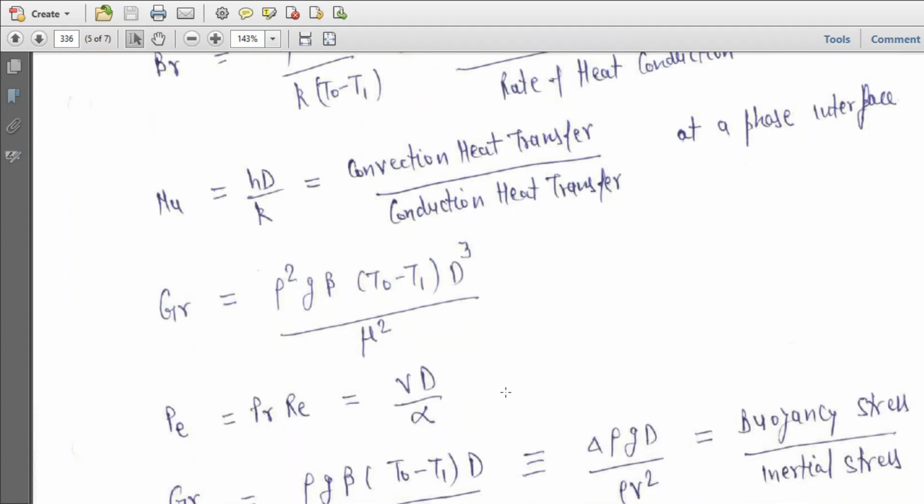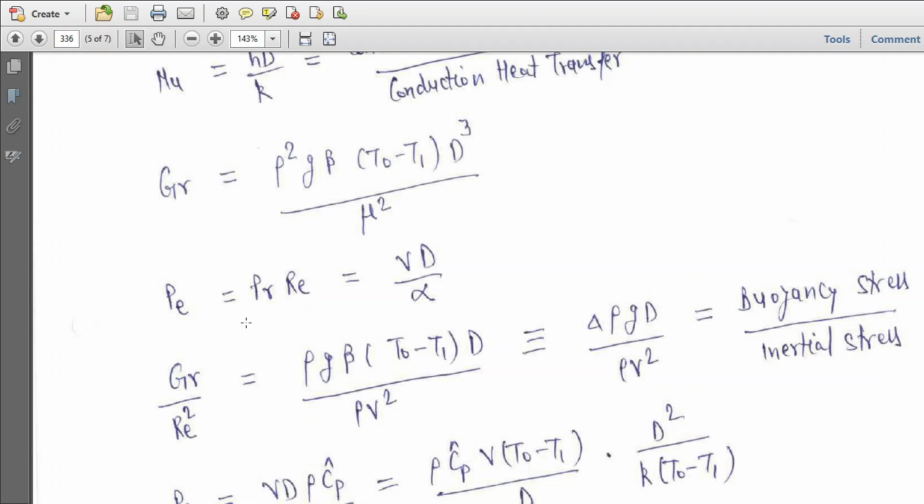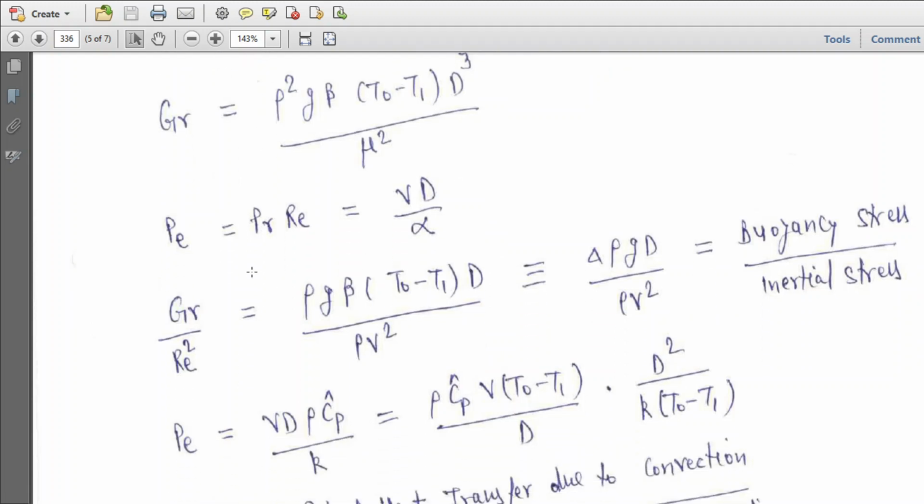Then the Grashof number is given by ρ² g β (T0 − T1) D³/μ². The Peclet number is the Prandtl number times the Reynolds number, VD/α. The ratio of the Grashof number and the Reynolds number squared gives buoyancy stresses upon inertial stresses.